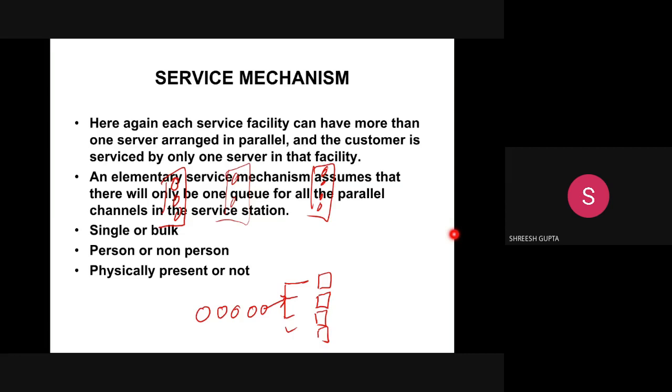Sometimes we have to be present physically, or sometimes we do not have to be present physically. For example, in the trunk call, in the booking system, we have to book. After the clearance of the booking, never do we have to be present physically. When our turn comes, we will get the service in the token system. So the queue may be of any kind.